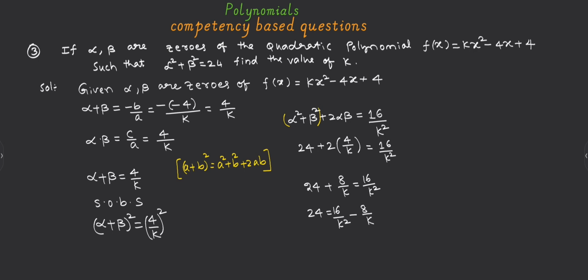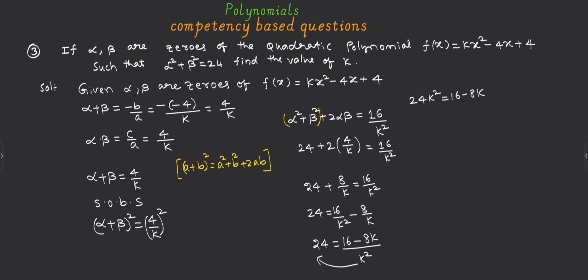Now we take the LCM here, we get 24 is equal to 16 minus 8k by k square. Now we have to transpose k square here, then we get 24k square is equal to 16 minus 8k.